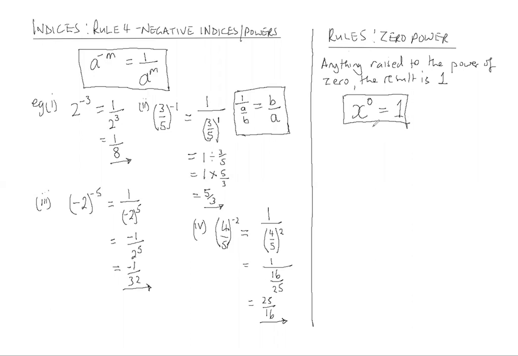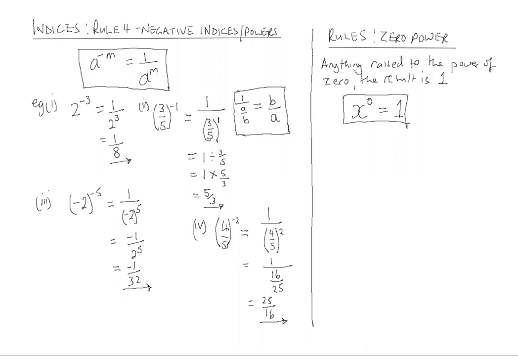So you need to watch out on this because sometimes it comes hidden in a complicated sum. So you always need to remember that whenever you see a 0 as a power on any number, the result is 1. Just going to look at a couple of examples.